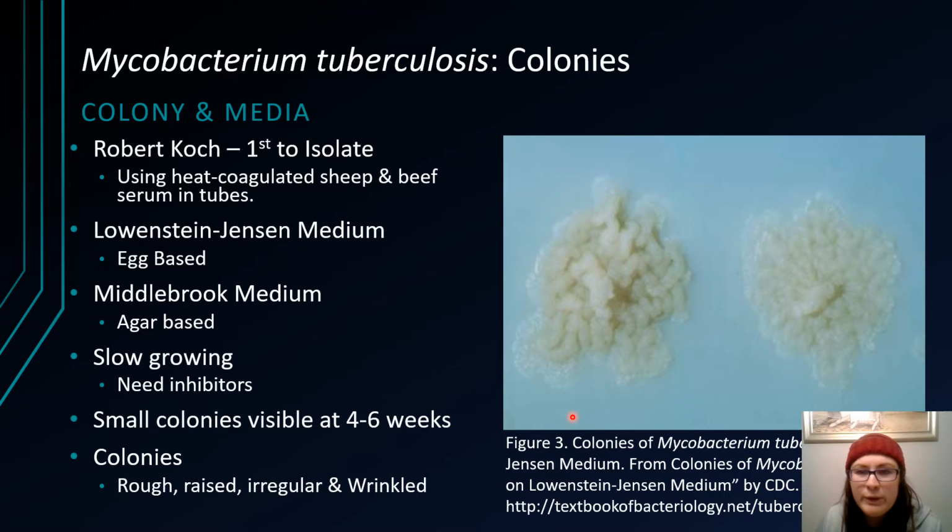Usually it will take about 4 to 6 weeks for a colony to be visible, and it's rough, raised, irregular, and wrinkled. Also, because it takes so long to grow, the media need inhibitors to inhibit the growth of other bacteria.